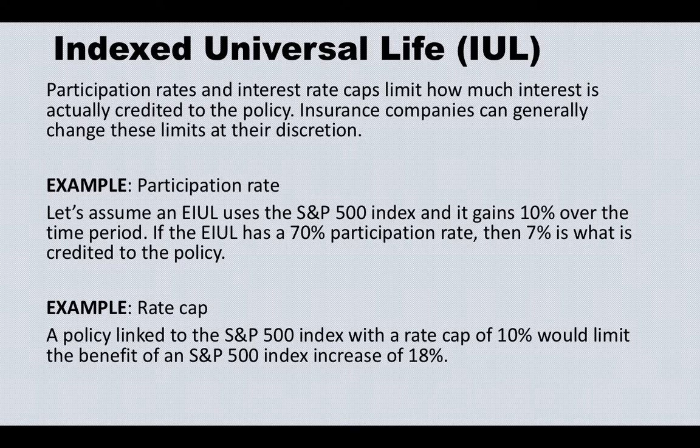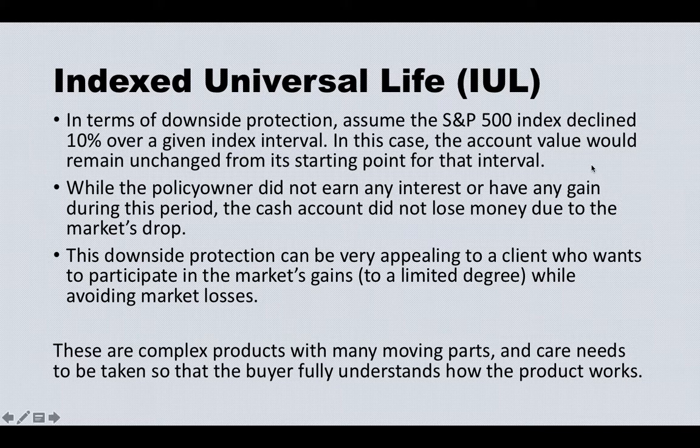That's how they usually sell those policies. They say, okay, we give you upside of 7-10% when the index goes up more than that. Then, how about the downside? In terms of downside protection, assume the S&P 500 declines 10% over the given index interval. In this case, the account value would remain unchanged from the starting point of the interval.